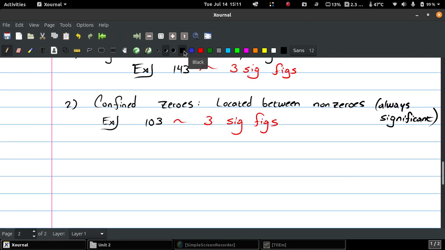Alright, so this is where you're probably going to get a little confused when you start doing these. You have leading zeros. When you start getting the leading and trailing zeros and all that, it gets a little bit confusing sometimes, but it's not too bad. So a leading zero is something at the start of a number, used to indicate the position of a decimal point. They're never significant.